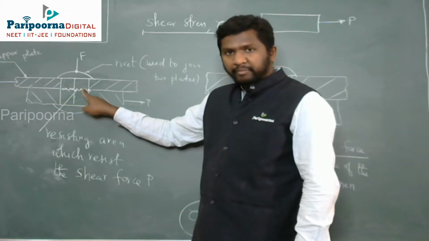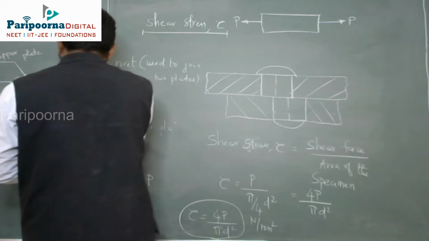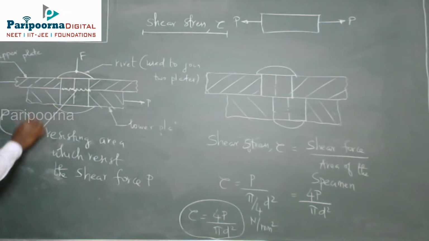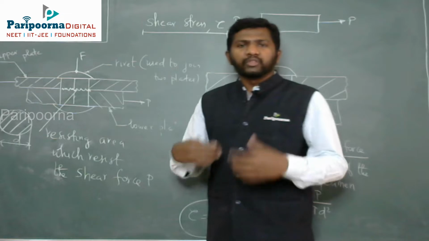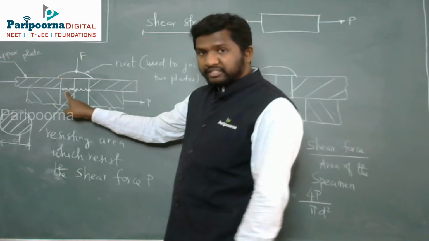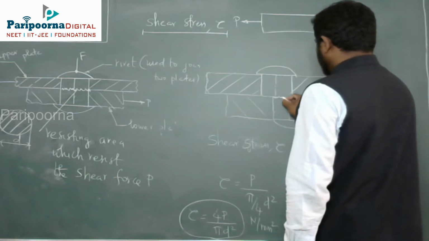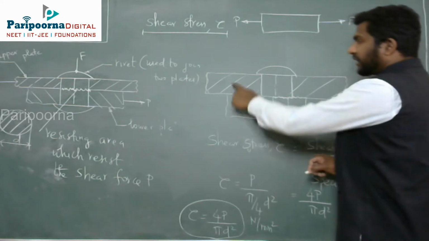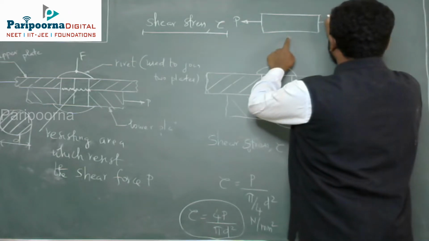This is the rivet member, and its section is a circular cross section with diameter D. For this loading condition, how will the failure take place? The resisting section will be sheared off like this. Nothing will happen to the metal plate, whereas in tensile loading the length will increase.